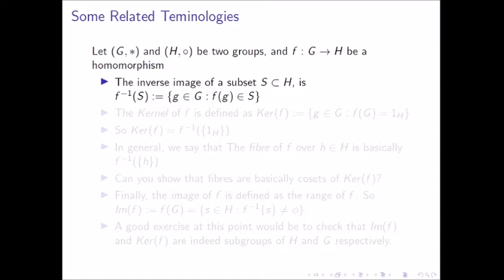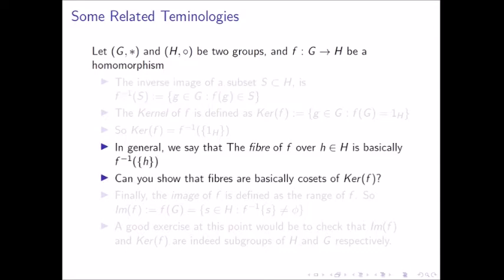No additional property of groups is being used in this definition. In general, we say the fiber of f over h belonging to H, which is the fiber of the homomorphism of an element of H, is basically f inverse of h, or the singleton set h.